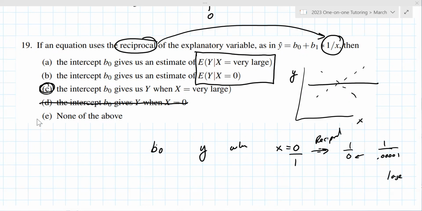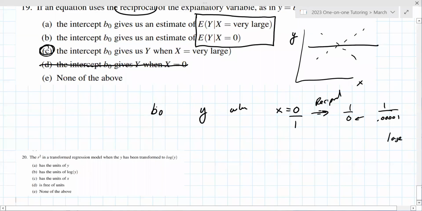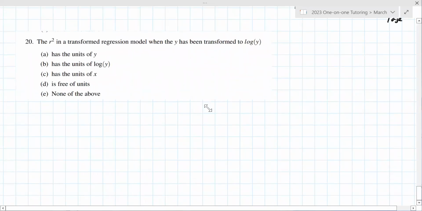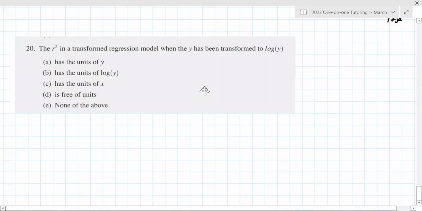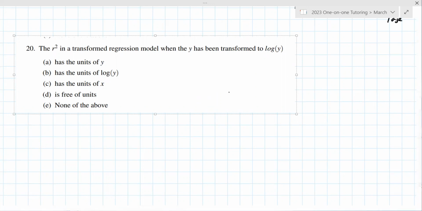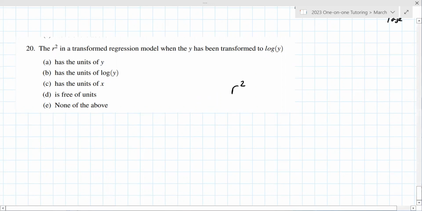Let's take a look at 20 here. The R squared in a transformed regression model when the Y has been transformed to log Y. R squared is a measure of correlation.